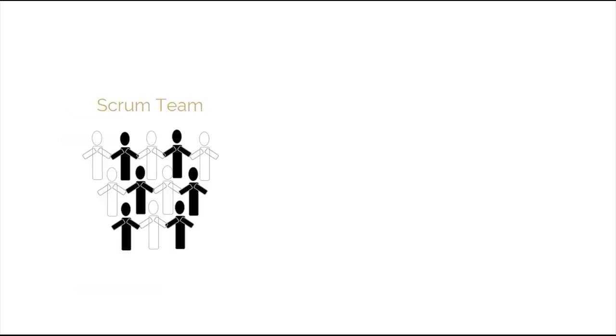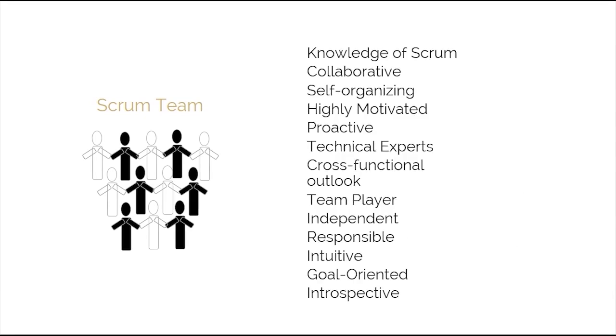And finally, for the Scrum Team, you want people who are knowledgeable about Scrum, people who are collaborative, self-organizing, and highly motivated, people who are proactive, people who are technical experts, but also cross-functional in their outlook, team players, people who are independent and responsible, intuitive, goal-oriented, and introspective.